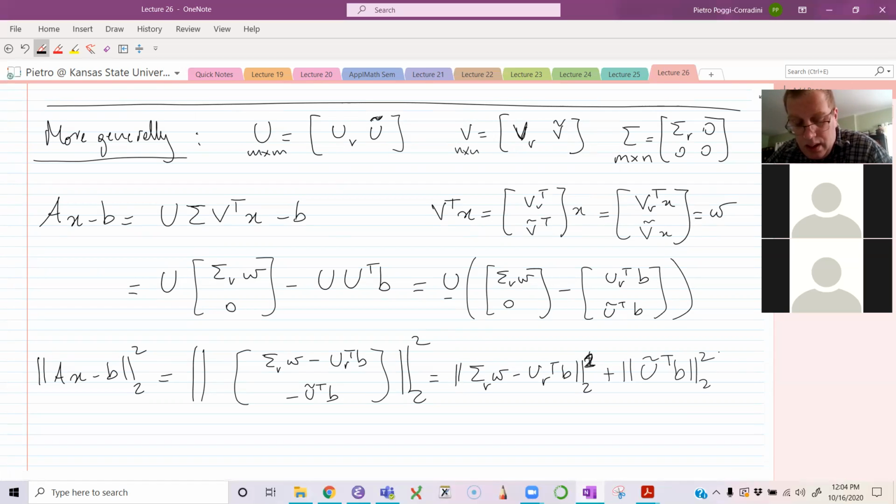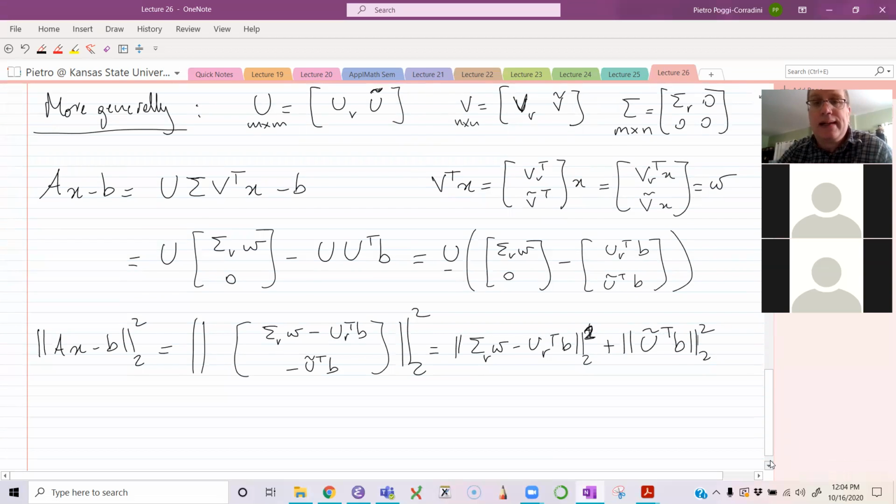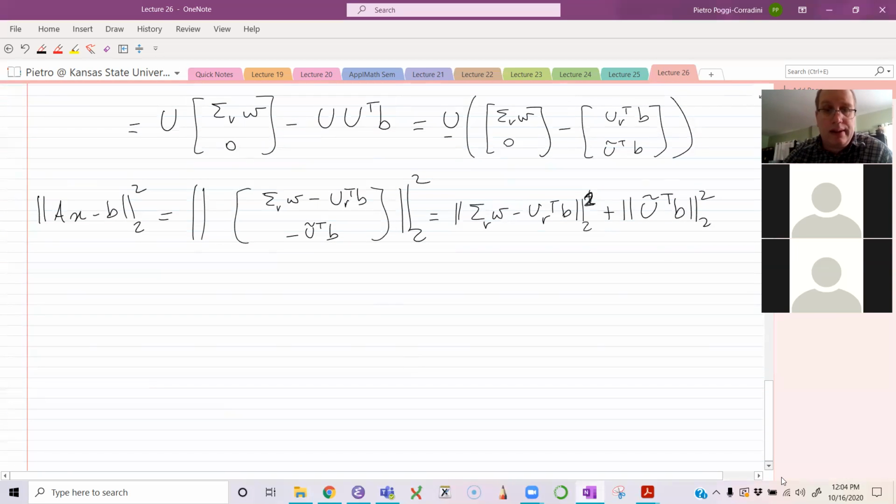Yeah. All right, and now we're trying to minimize this norm by varying x, so we're varying W here. Everything else is fixed.